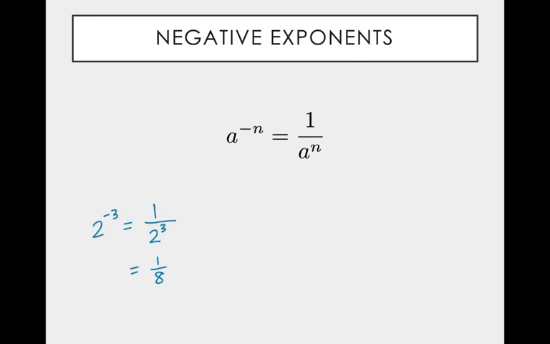Okay, it doesn't really matter what it is. X to the minus 2. And let's say I had 5 times x to the minus 2. Okay, that means that the x to the minus 2 wants to be in the denominator. The 5, though, has a positive exponent, a 5 to the 1, so the 5 would stay up top, and only the x squared would move down with a positive exponent.